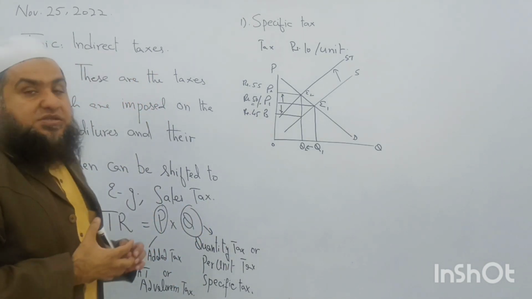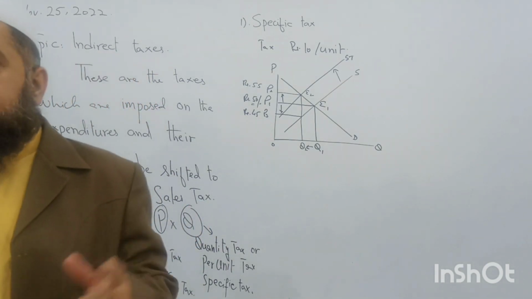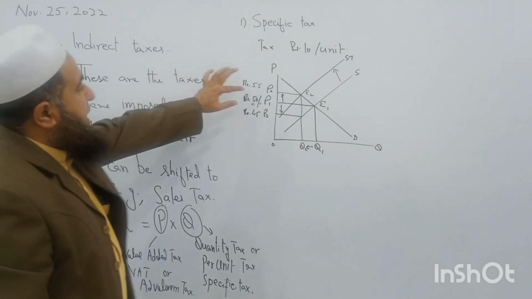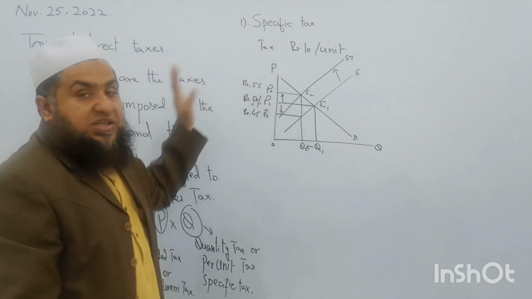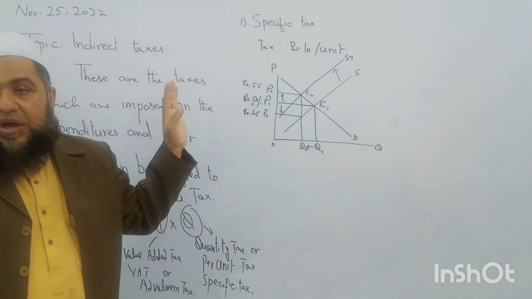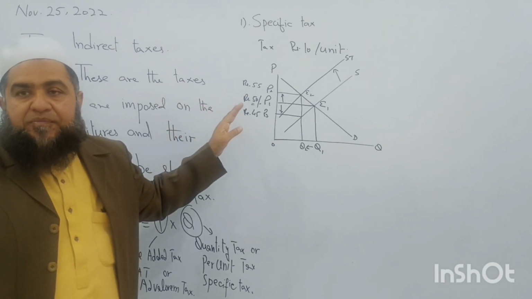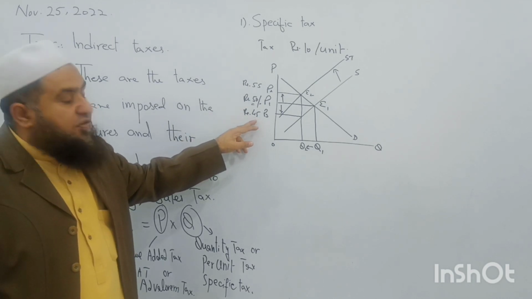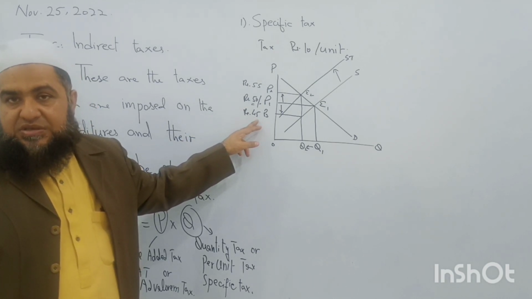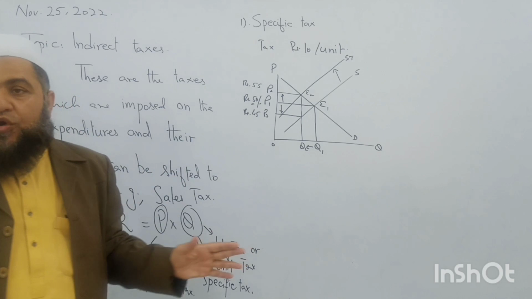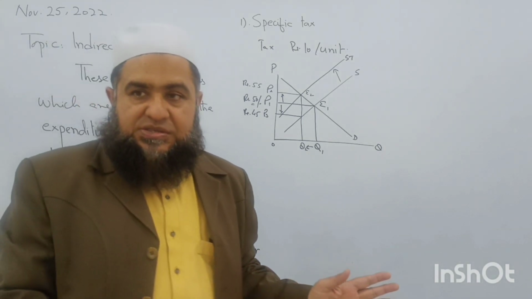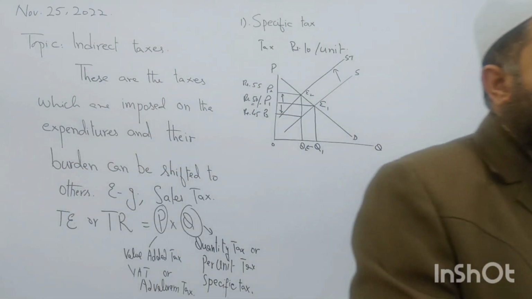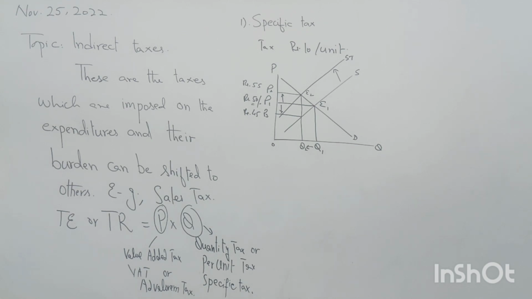Out of this 10 rupees tax, 5 rupees is the price increase for the consumer. After the tax, consumer is paying 55 rupees, whereas the seller is receiving 45 rupees. Clear? So both are paying the tax. 50% of the tax burden is on the seller and 50% on the buyer.